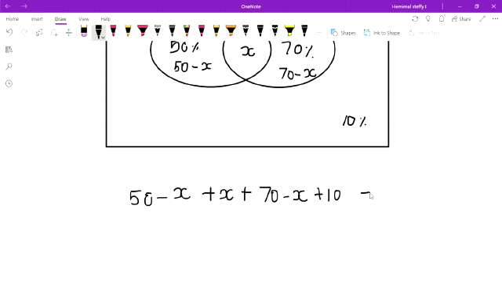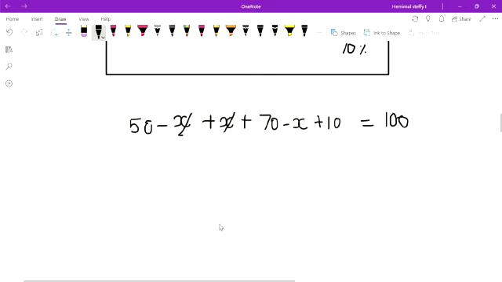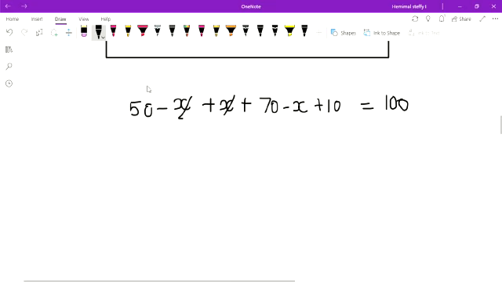Total is equal to 100%. Then the minus x and plus x are cancelled. Then adding the constants, 50 plus 70 is 120, plus 10 is 130. 130 minus x equal to 100.